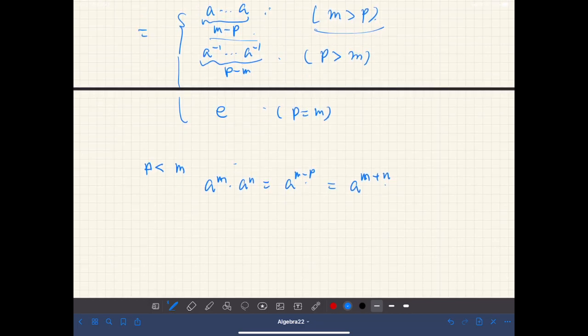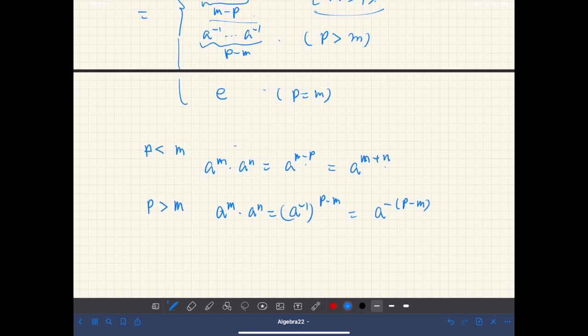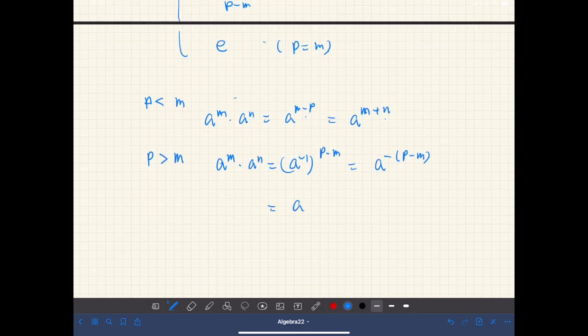And when p is greater than m, we have a^m times a^n is equal to (a inverse)^p to the power of m. But by definition, this is equal to a^(-p) to the m, but that is equal to a^(m-p), which is equal to a^(m+n).